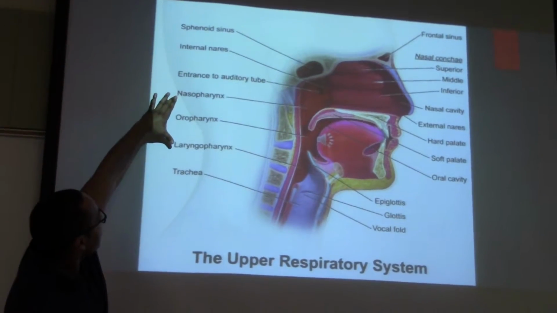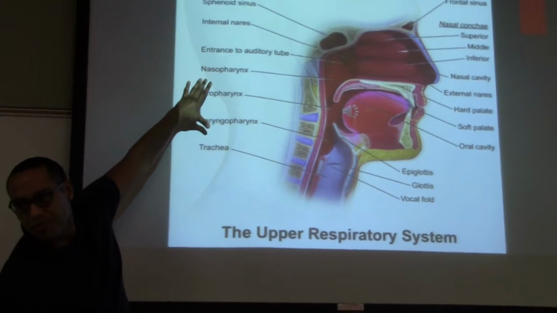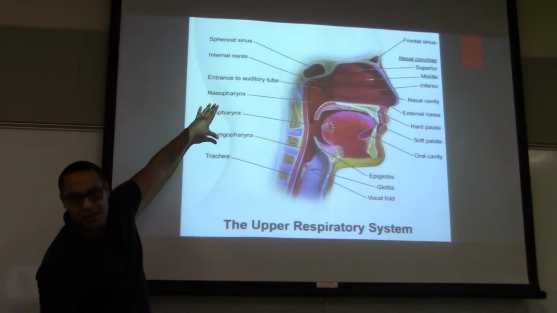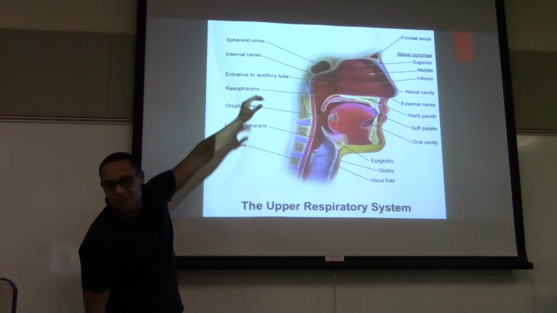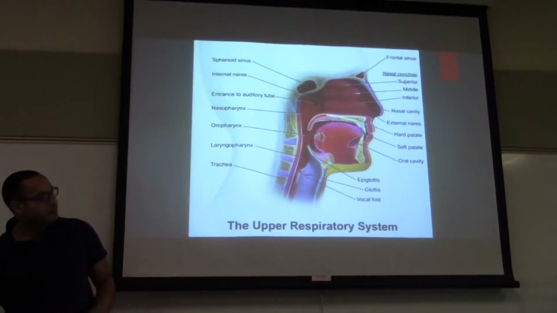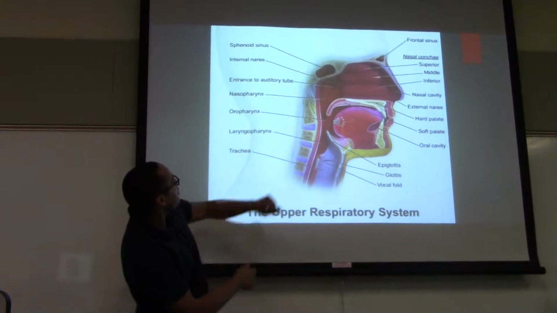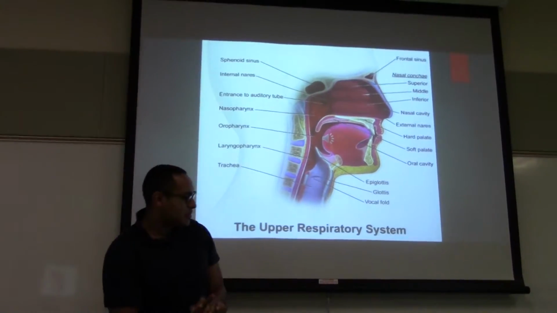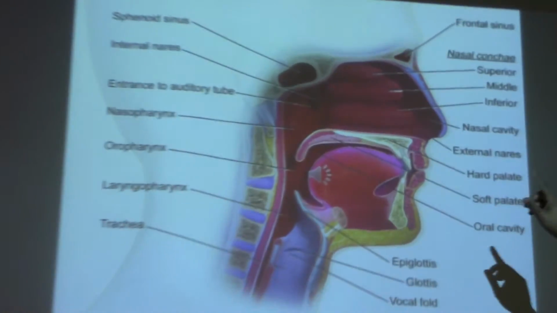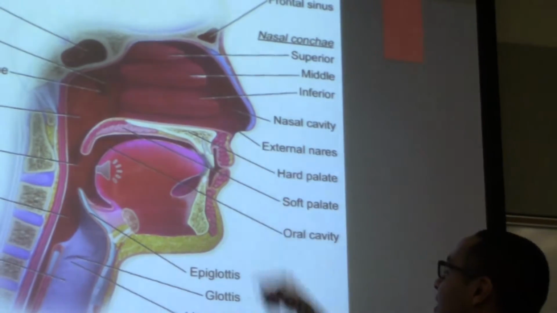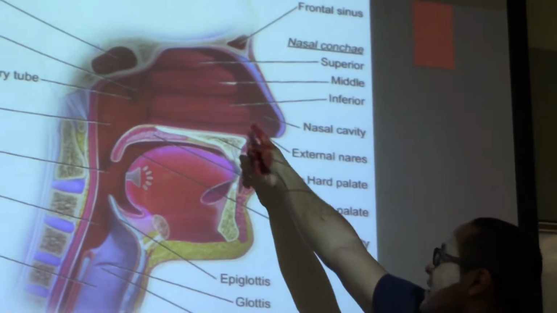These make up the pharynx region. All right, up here we have the nasal cavity. Right there, air enters the external nares in here.